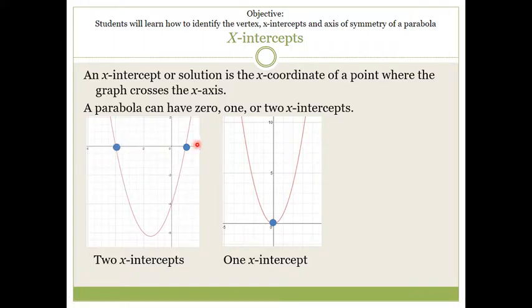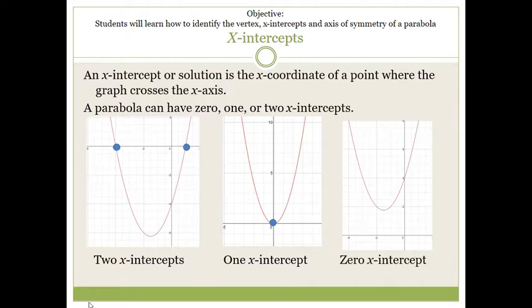So it has 2 solutions, or 2 x-intercepts. This one in the middle just touches the x-axis in one spot, so it only has 1 solution, or 1 x-intercept. And here's an example of a parabola that lies entirely above the x-axis and it never crosses it. So it has zero x-intercepts, or zero solutions.